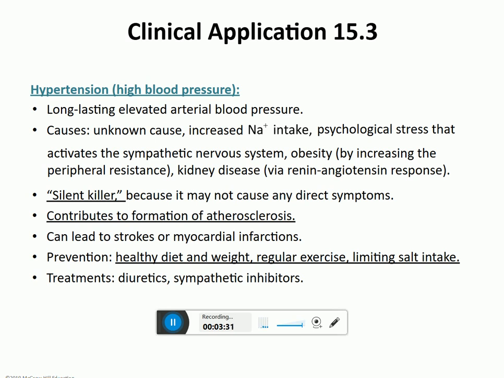It is also known as a silent killer because the signs and symptoms of hypertension are pretty vague. Maybe a person has a headache, they're tired, there's a lack of energy, and a lot of times these are brushed off as normal things to go through, especially if you have a very hectic schedule.